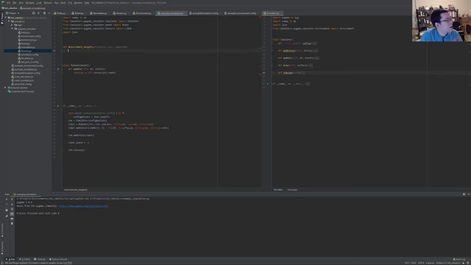Now, this will give us weights for all of the distance measurements that it takes.